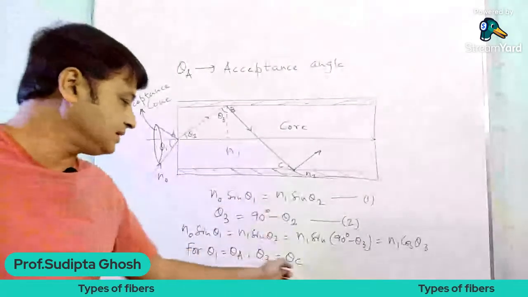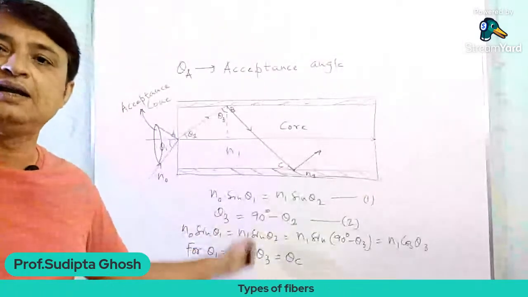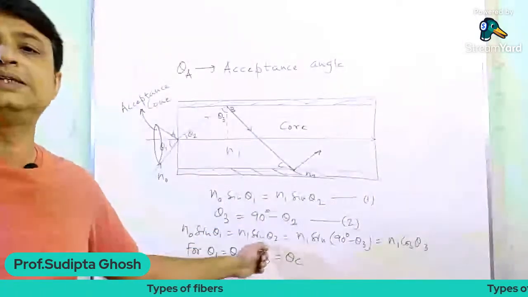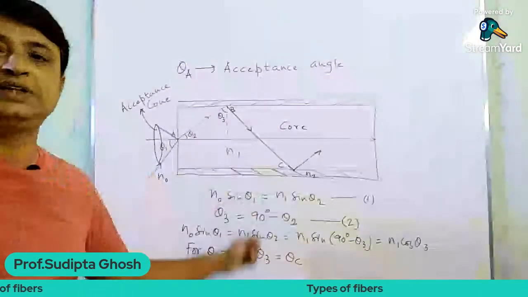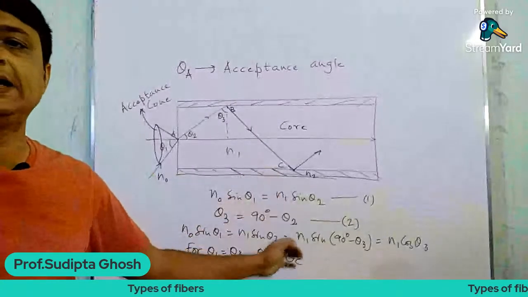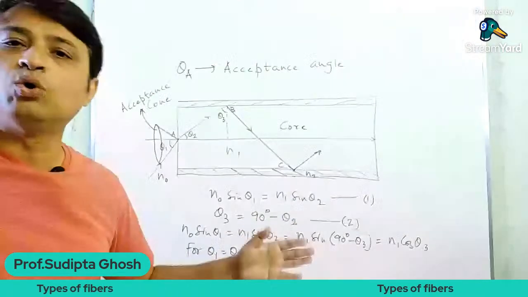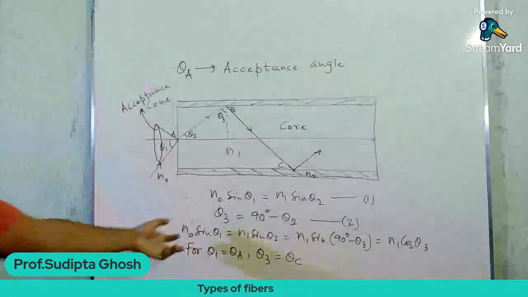So for theta 1 equal to the acceptance angle, the angle of incidence at the core-cladding interface, that is theta 3, must equal the critical angle theta C of the core-cladding interface. So let's put these values in this equation.